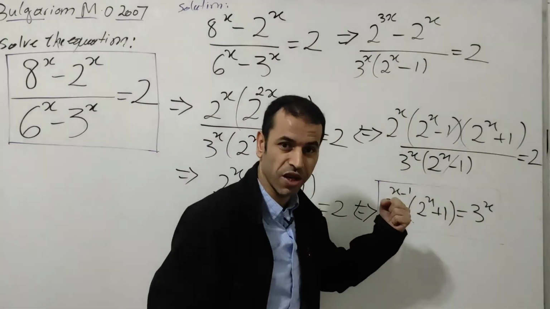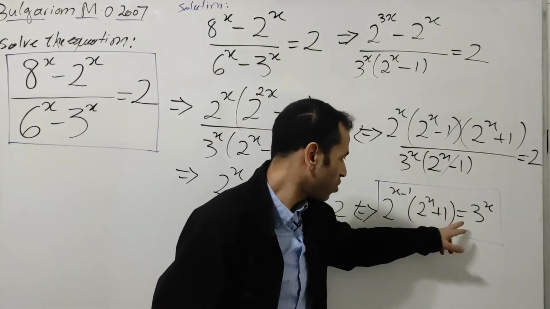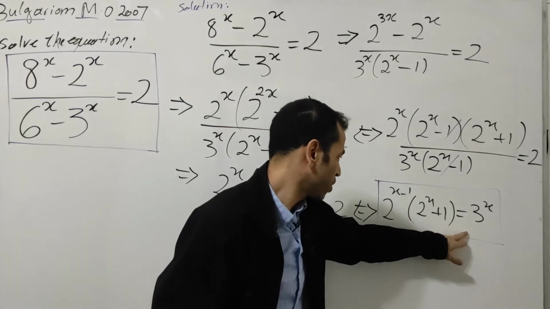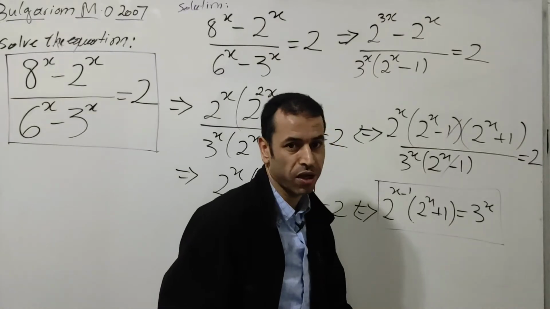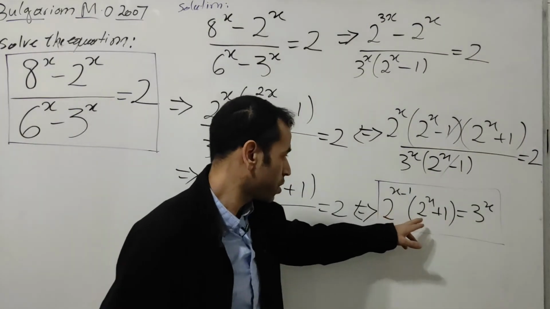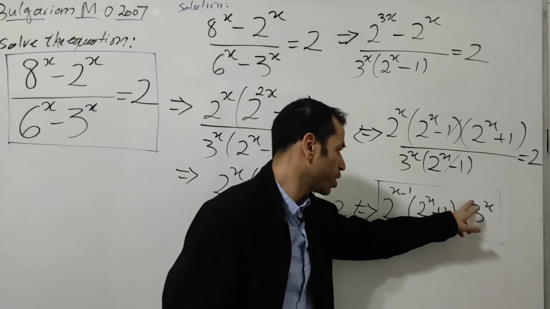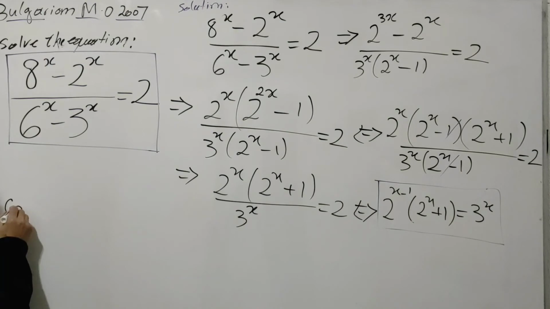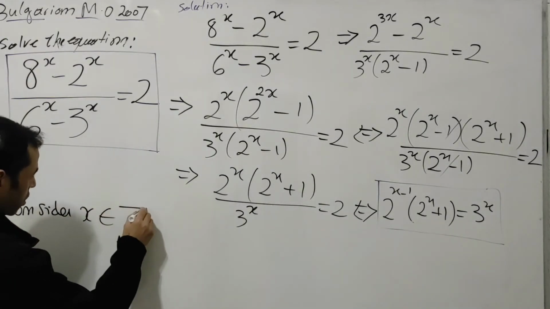If the solution is an integer, we are allowed to apply the arithmetic rule here. But if it's a real number, you have to figure out another method. Sometimes you are guessing. I know this is a confusing point. I'm going to guess: consider x as an integer.